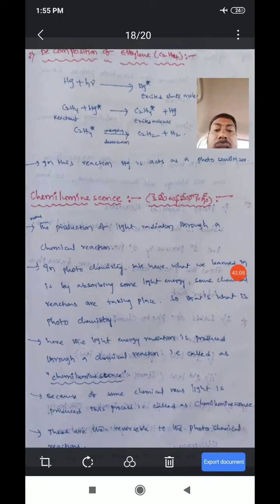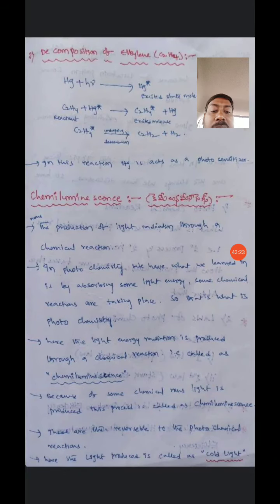Next, we are discussing chemiluminescence in this chapter. That means the production of light radiation through a chemical reaction.